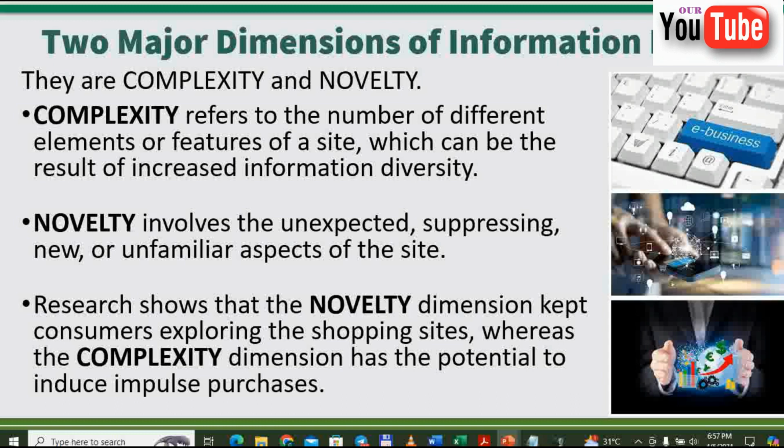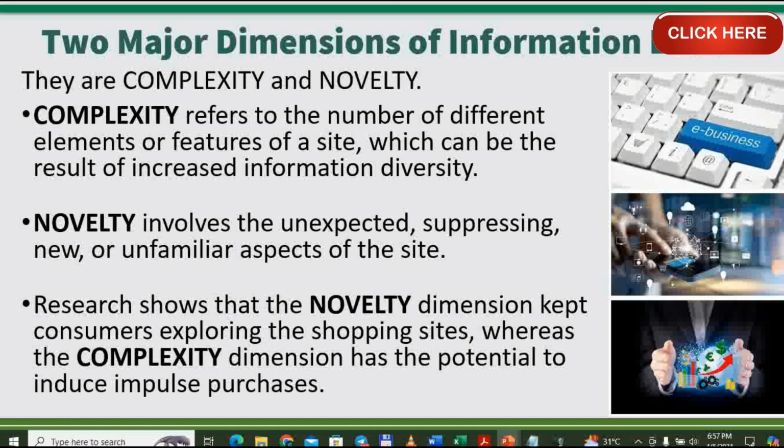Now research shows that the novelty dimension kept consumers exploring shopping sites, whereas the complexity dimension has the potential to induce impulse purchases. I hope you're getting the point. Now, the novelty dimension of information load was what kept consumers coming to the site to explore it.